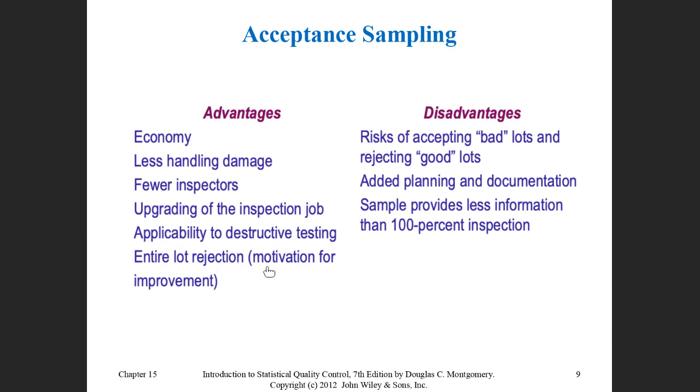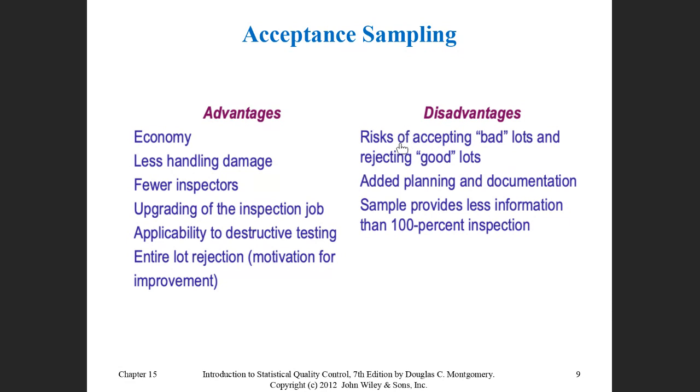Entire lot rejection could be even easier for the producer or the one who is going to use that material to rework it, or maybe find another consumer who can use it with the specification he has.